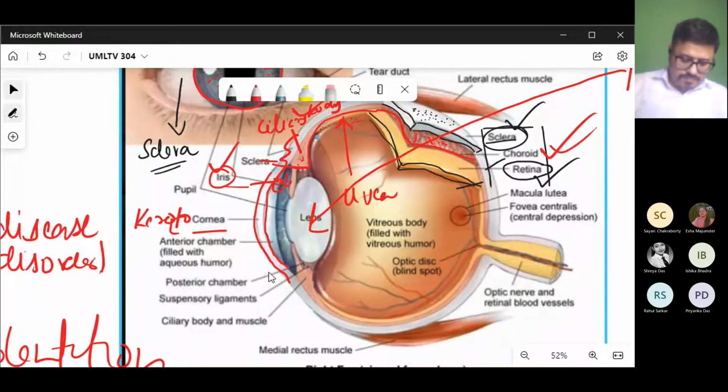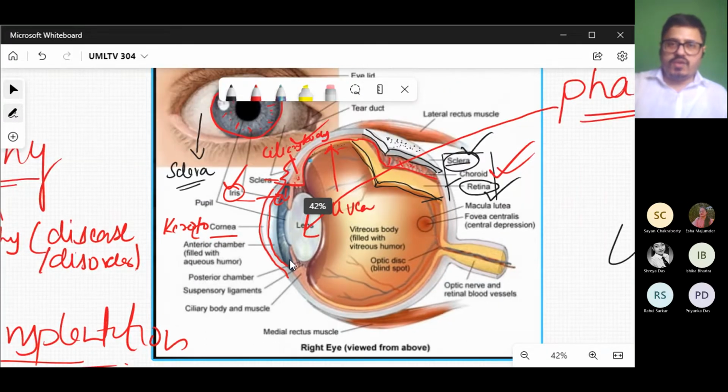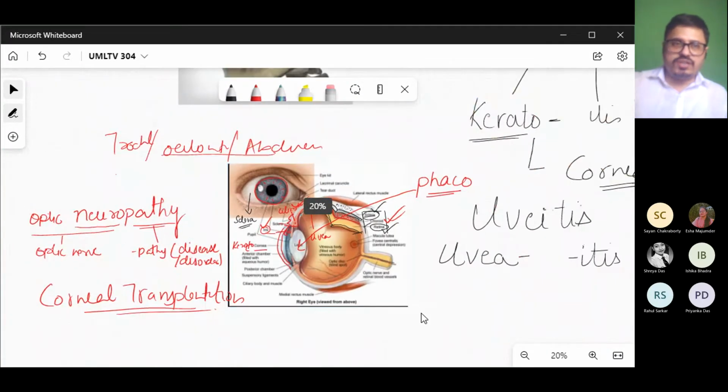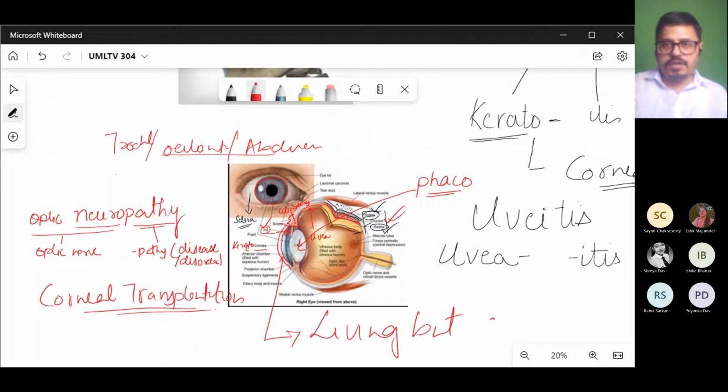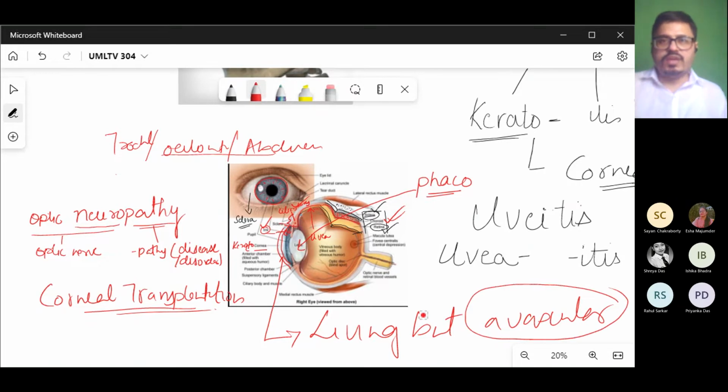Yes, sir. And you might even have this question: why is it only the cornea, why not the whole of the eye? The answer is that the cornea is a structure which is living, but avascular. What is the meaning of this word avascular?